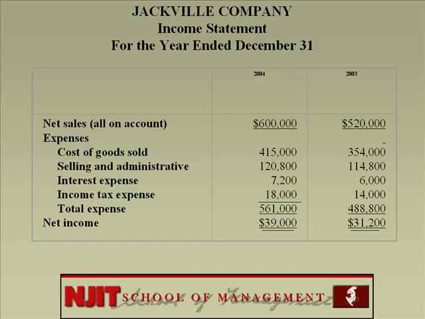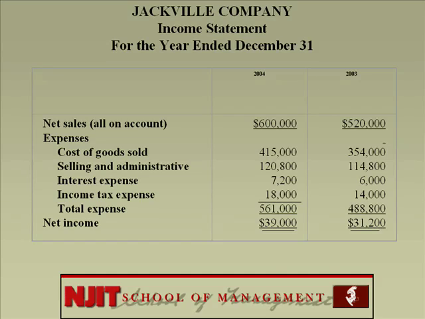As you can see, the sales 2004 was 600,000, 2003 520,000. The total expenses, when you add them up, 561,000. When you deduct it from the sales, you get a bottom line profit or net income 2004 39,000.